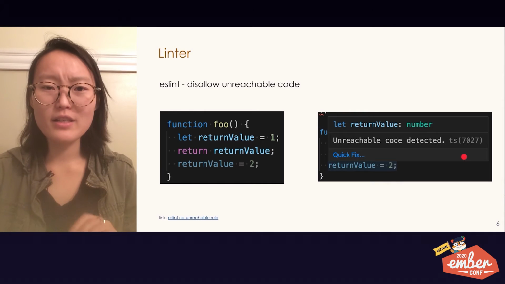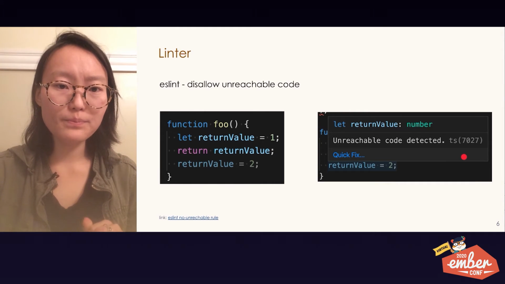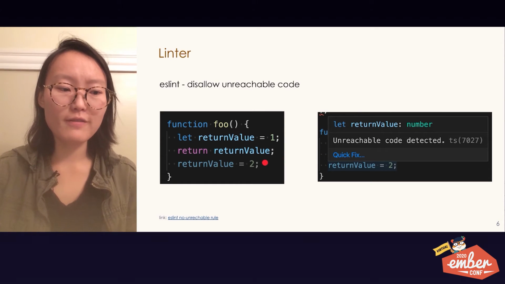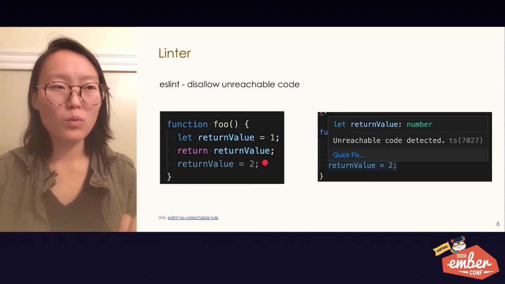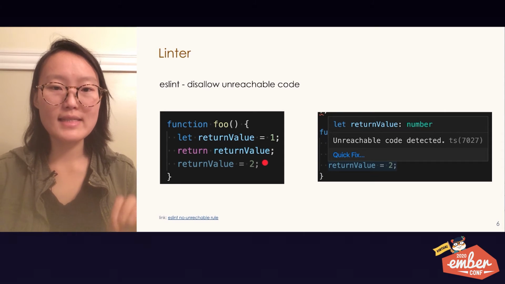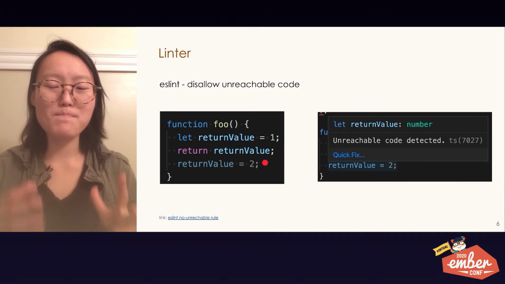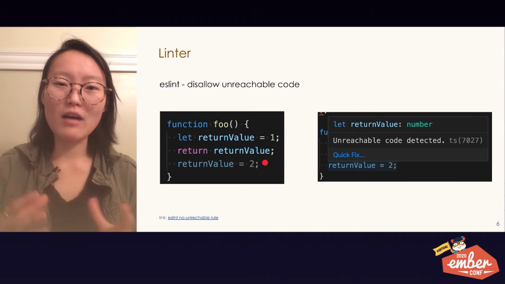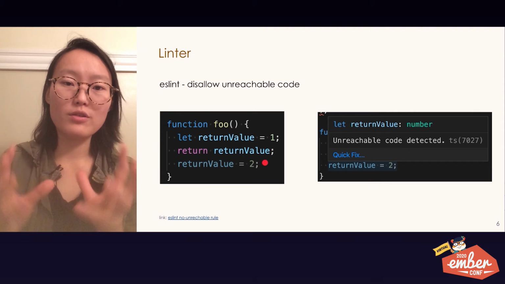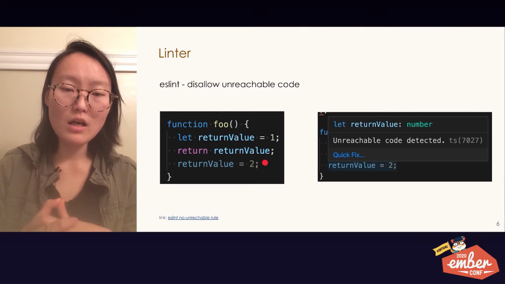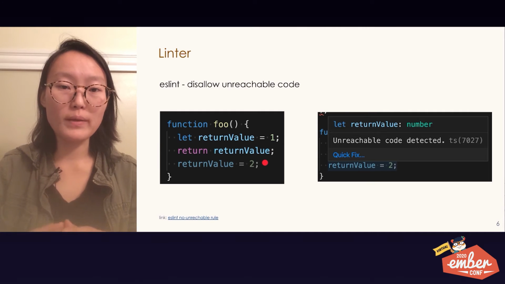But it's actually a lot more complex, because if both are on the same line, return value equals 2, how would the linter determine that it's after return but not before return? How is that position determined, and how does the linter know the particular syntax, the context around that particular line? Those are questions that will be answered later.